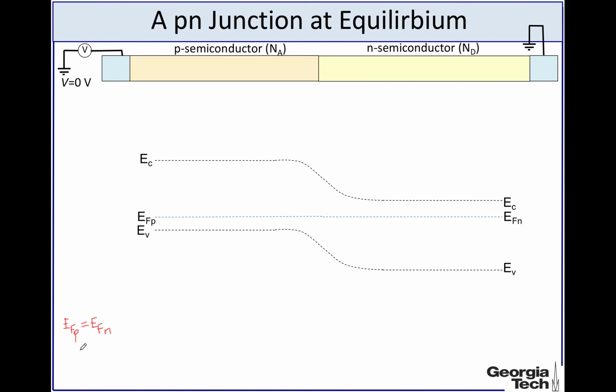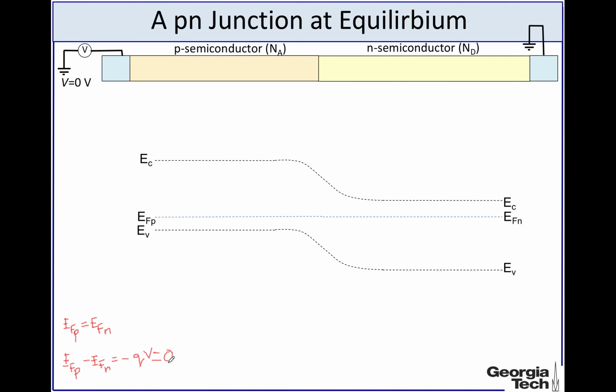We can say it in a different way as well: EFP minus EFN equals minus qV. What it says is that the difference between the Fermi levels of the two sides is equal to the negative of the applied voltage multiplied by the charge of an electron, and in this case V equals 0, so EFP minus EFN equals 0.